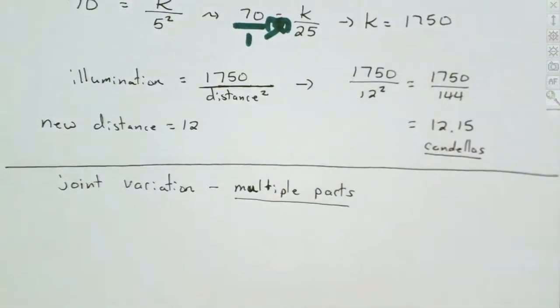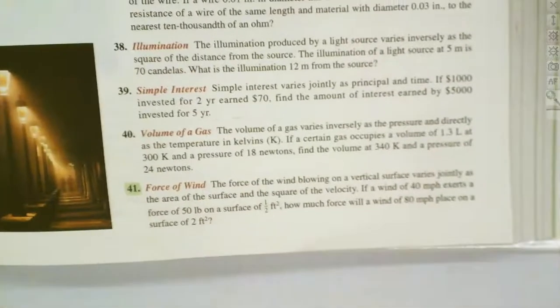So lots of different things go together. Question 40 is an example of joint variation. And in joint variation, it behaves exactly the same as the others, except some might be multiplied and some might be divided. We've got multiple parts going on and affecting each other.